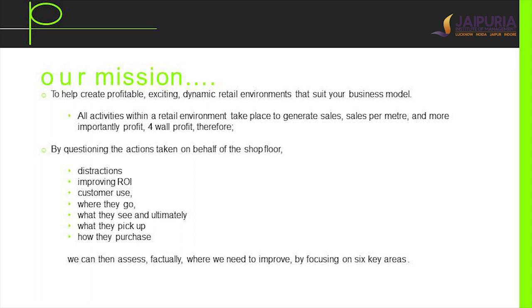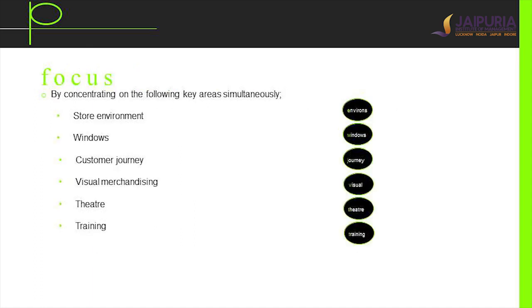We can then assess where we need to improve by focusing on 6 key areas. These 6 key areas are the store environment, what kind of store environment we are going to create, and the display in the window, how the window dressing is done, and the different practices, tactics and tools: props, color, lighting, combinations, components designed for creating an impact.